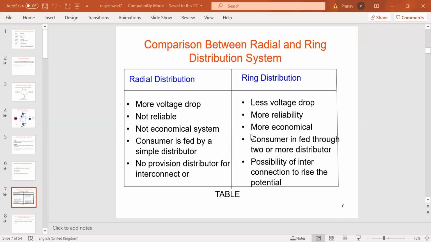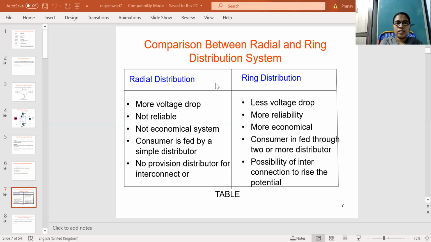Coming to the comparison between radial and ring distribution systems, it is given in this table. Radial distribution system: more voltage drop, and ring distribution system: less voltage drop. Radial distribution systems are not reliable, and ring distribution systems are more reliable.